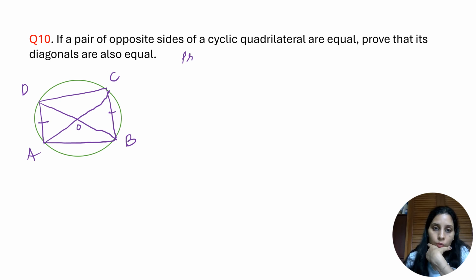Okay, so what do we need to prove? We need to prove AC is equal to BD. So how do we start this?